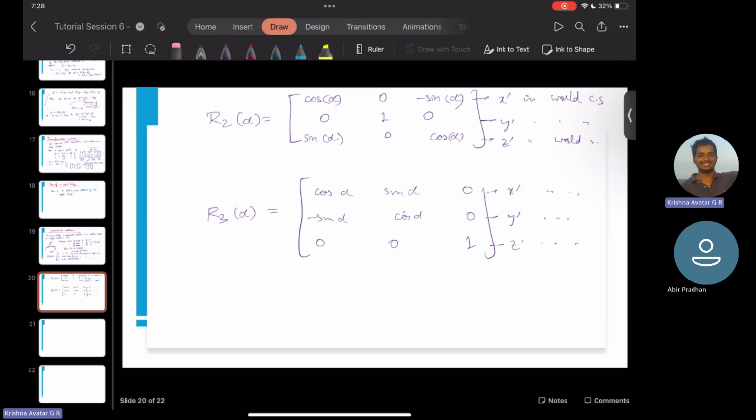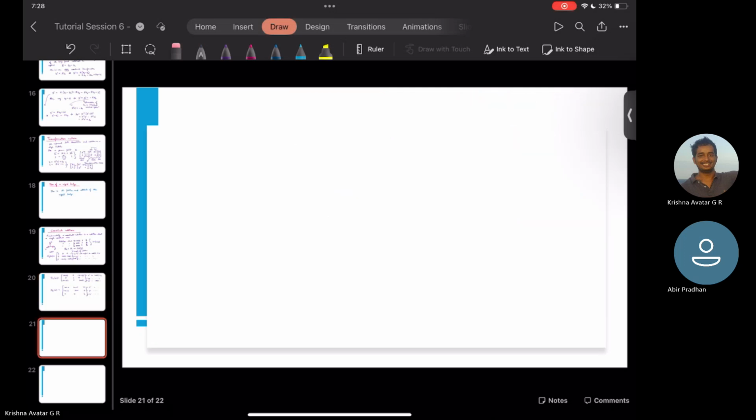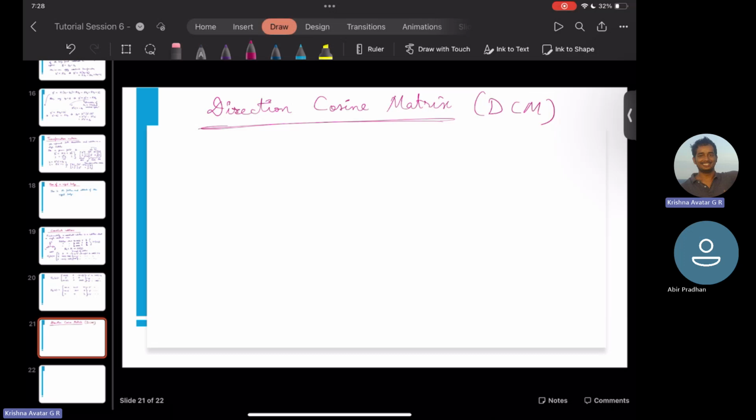Now let's talk about what a DCM is. The direction cosine matrix, also known as DCM, is very powerful.